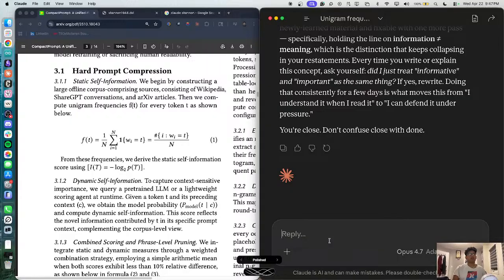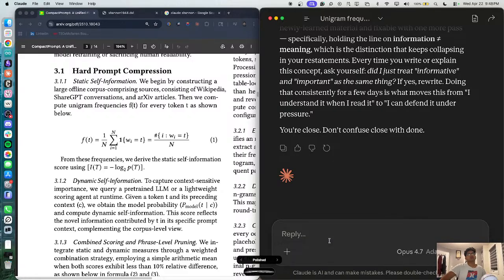Essentially, it understands the level of information that each token has. And this information is essentially how rare that token is within the collection of tokens that it's part of. And the more rare it is, the more informative it is. And therefore, it will be kept in the final pruned prompt, right?